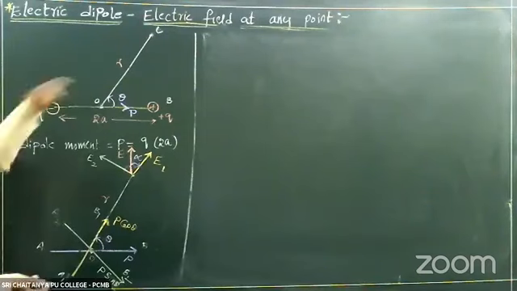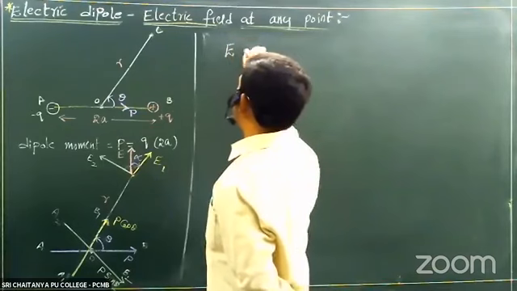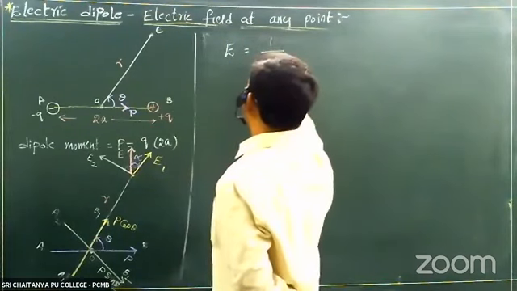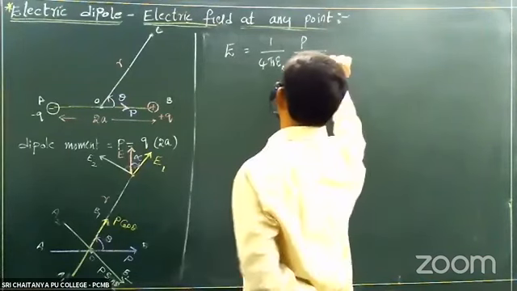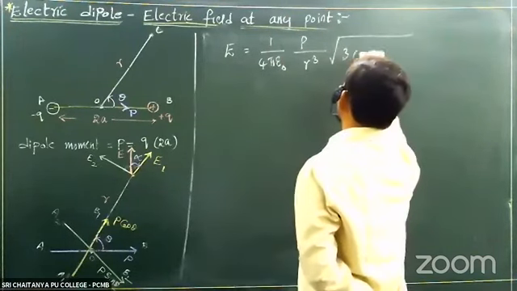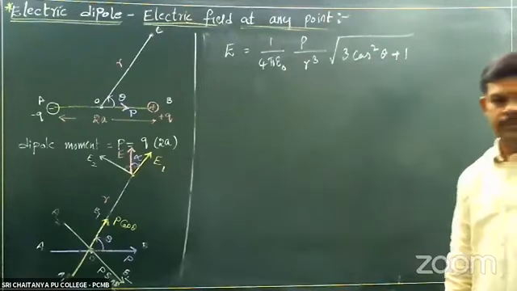See, by using this, we got the formula E is equal to 1 by 4 pi epsilon naught P by R cube root over 3 cos square theta plus 1, right?